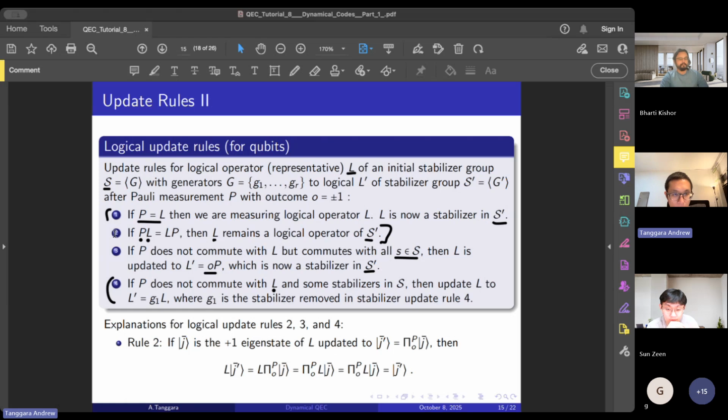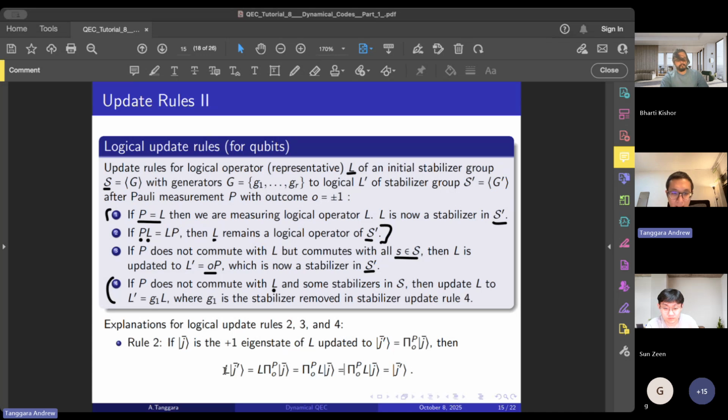So I'm going to go through rule number 2, 3, and 4, because I think these are probably a bit non-trivial. In rule number 2, we've seen this actually. This logical L commutes with P, so it commutes with the projector, right?